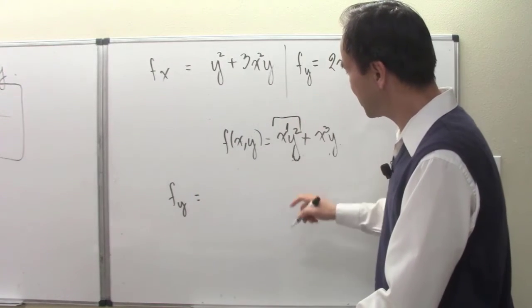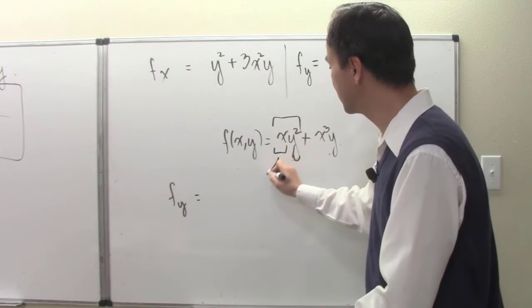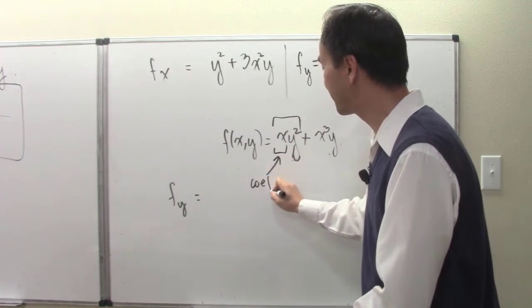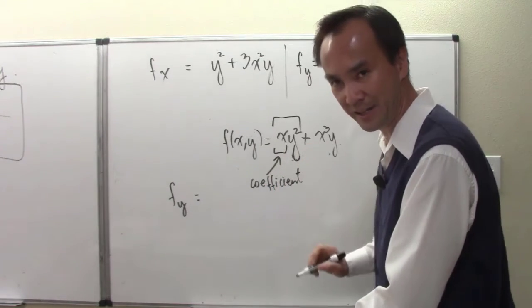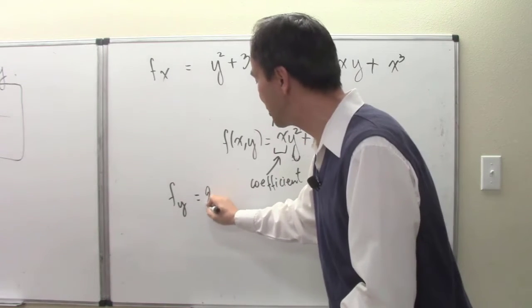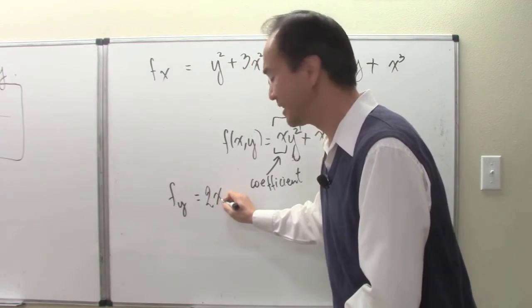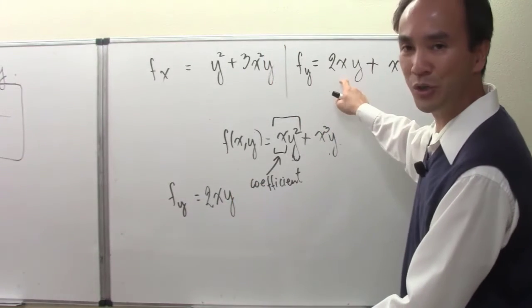Looking at the first term, I'm treating the x here as the coefficient, because now the y variable is what matters. So the power rule says 2 multiplied down, so I have 2 times the coefficient x times y, with the power reduced by 1, so 2xy.